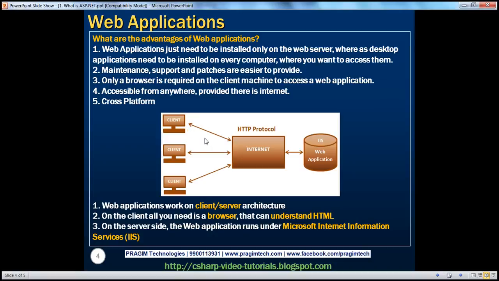Basically, web applications use a client-server architecture. On the client, all you need is a browser. On the server, you install the web application. Web applications are hosted using IIS.